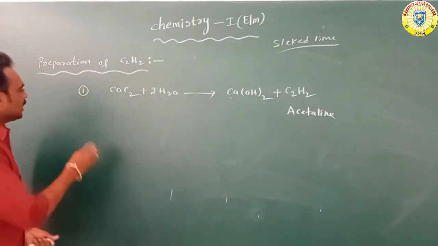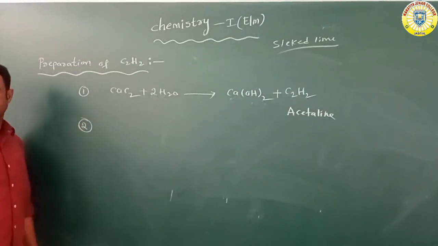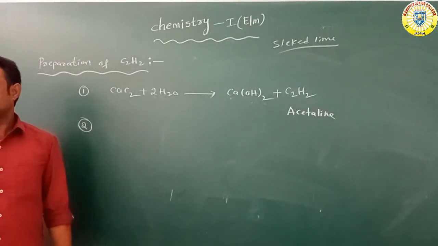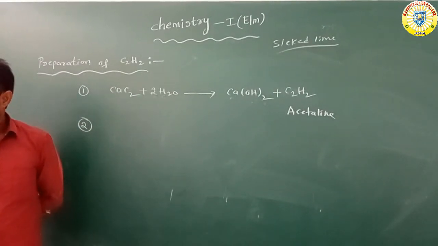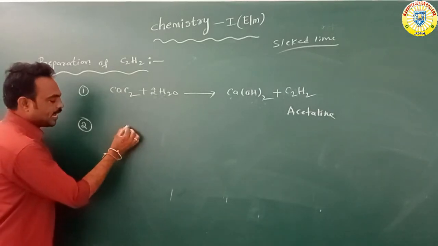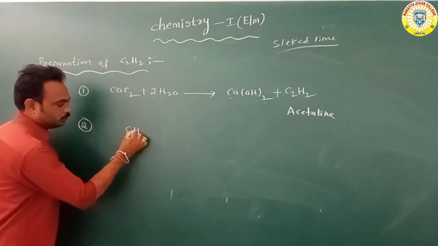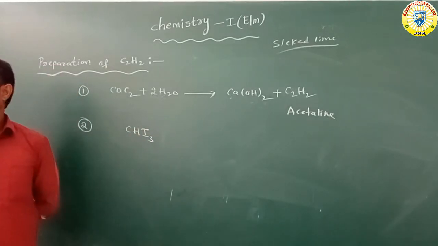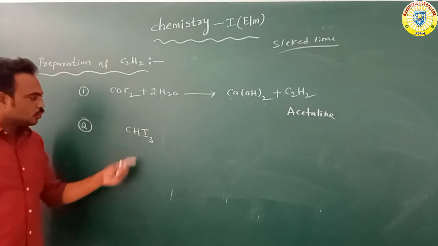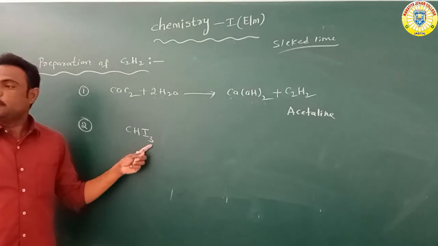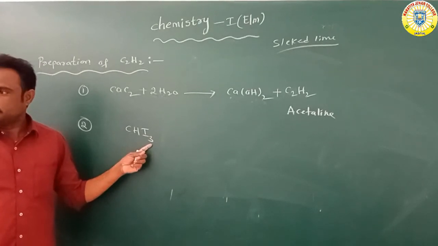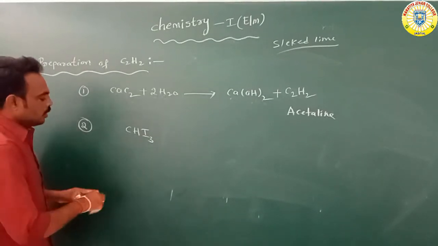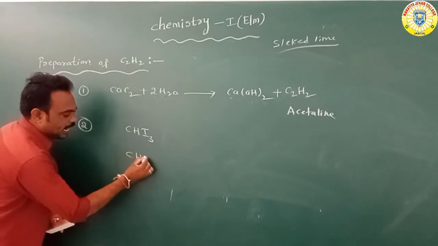Okay, next, the second preparation. Suppose, for example, we have taken CHI3. CHI3 means iodoform. Or we have taken CHCl3.